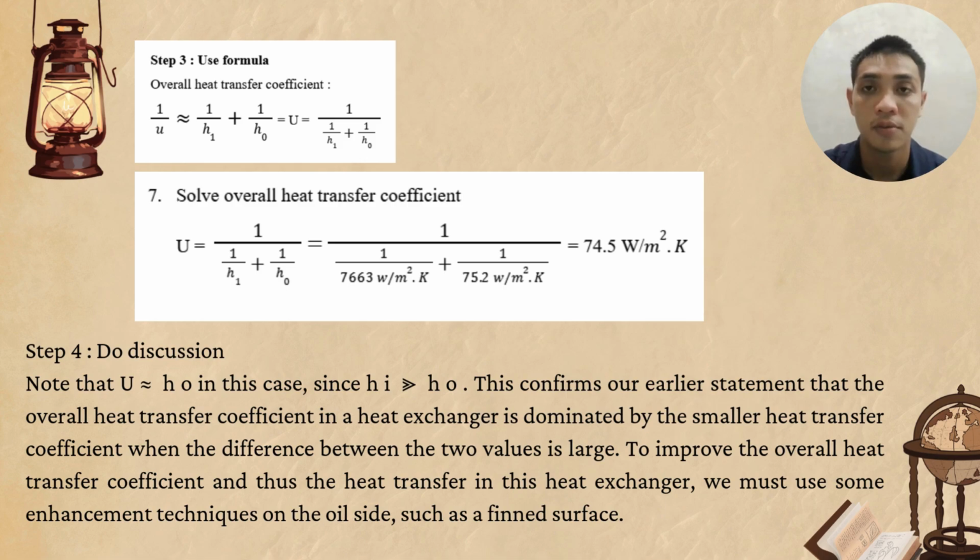After we solve the previous slide, we find the overall heat transfer coefficient using the formula given. In this overall heat transfer coefficient, we get 74.5 W per m² K.